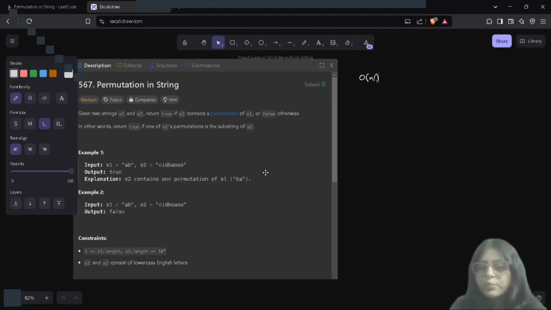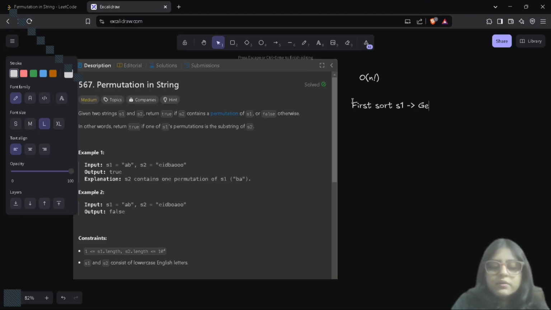So moving on to another approach, which is slightly better than this one. What we can do is first sort S1. Sorting S1 will give us the string S1 in alphabetical order. What next we can do is generate all possible substrings of S2 of length equal to S1.